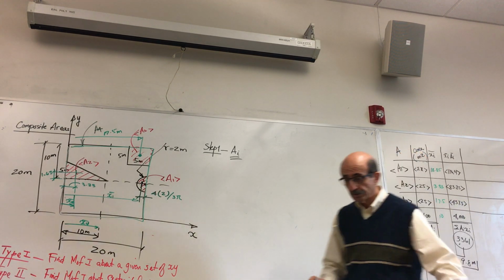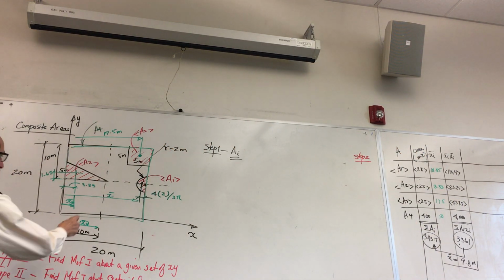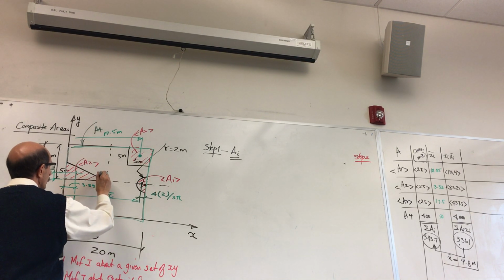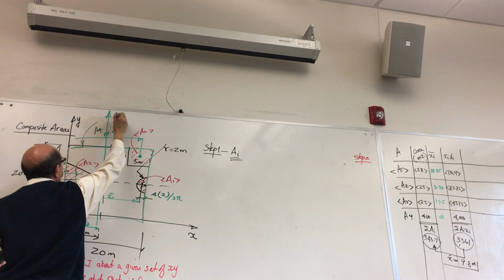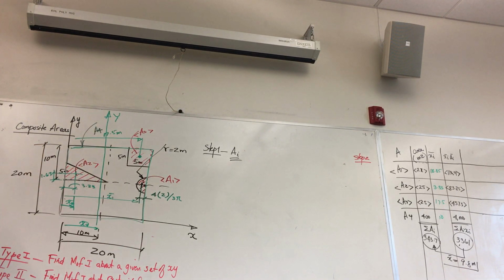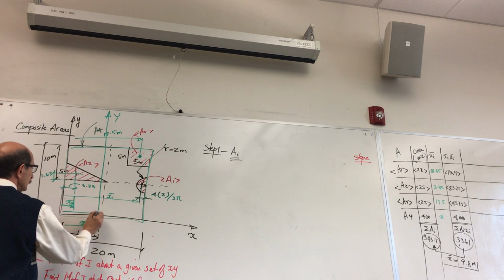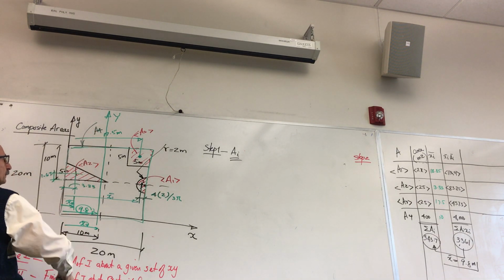So the centroid of that shape is along this line, which is going to be the y axis of the centroid, or centroidal y-axis, and this distance is 9.8.